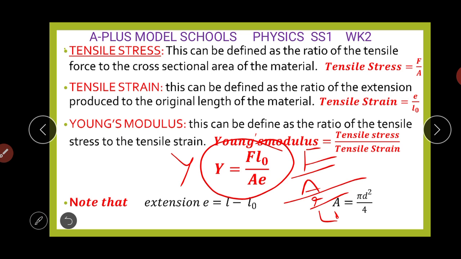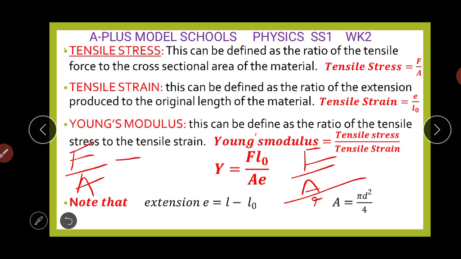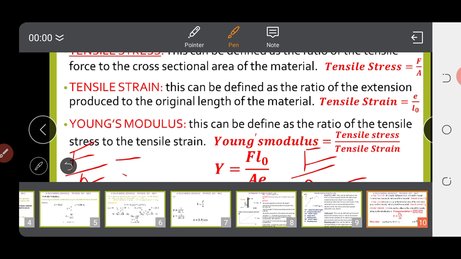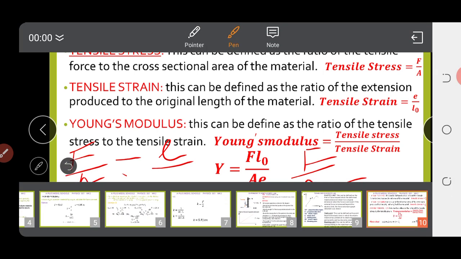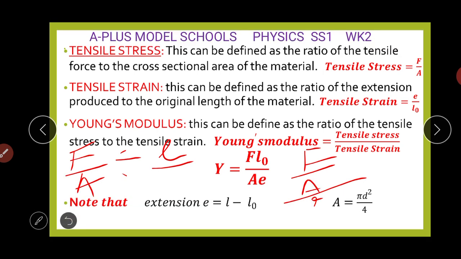I hope you understand this, because this exactly will be F over A, that is stress, divided by strain. Strain is the extension over the length.